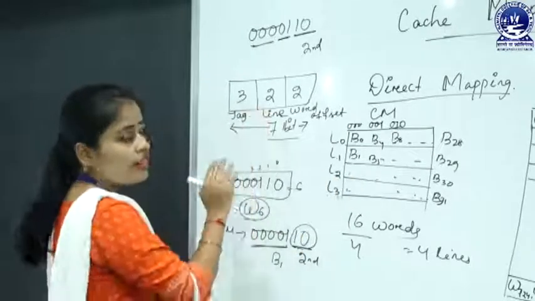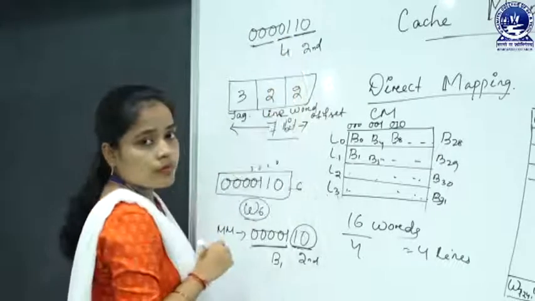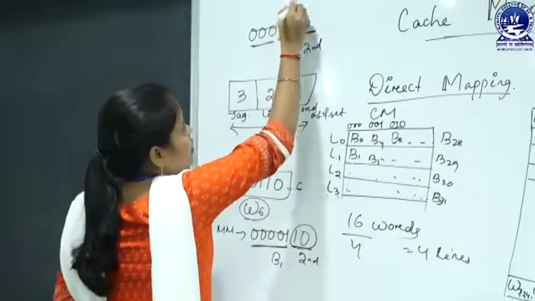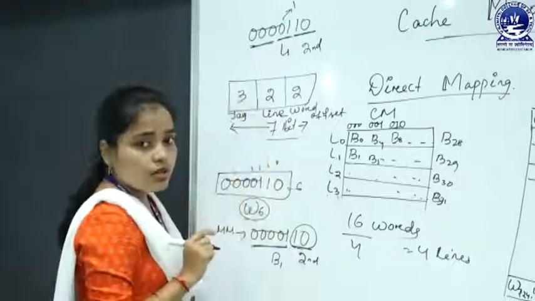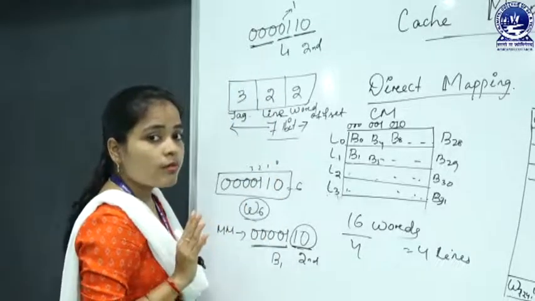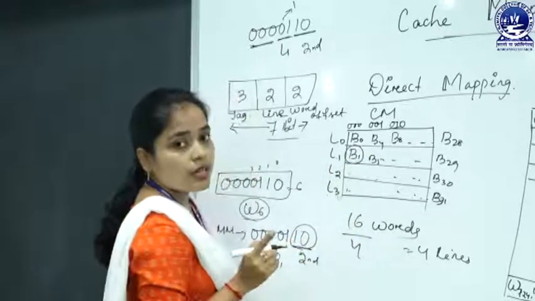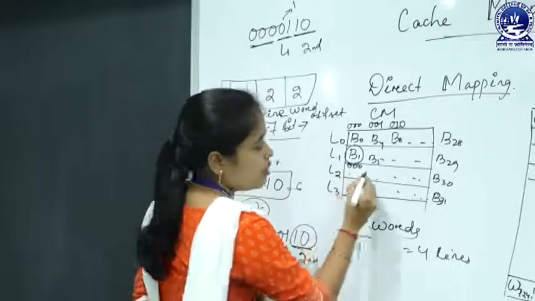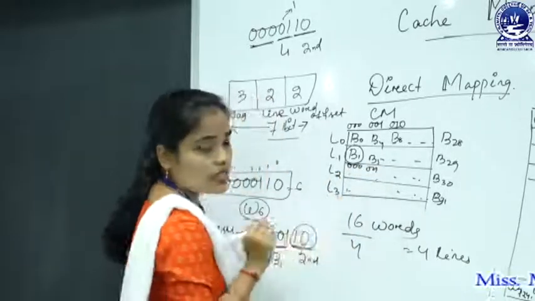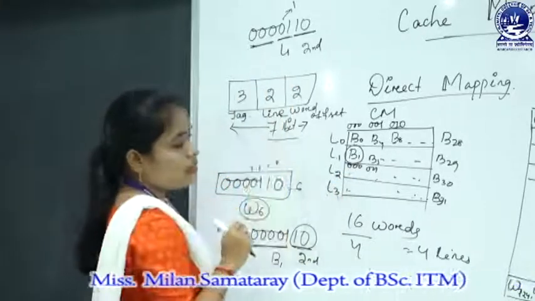So the line value is L1, because this value is 1. So line 1, and the tag field is 000. That means the block is the first one. Here you can see this is B1. This position is 000, this is 001. So the B1 line number is 1.